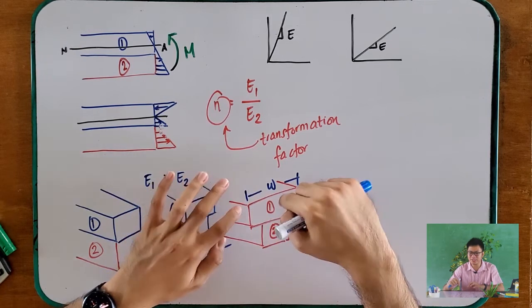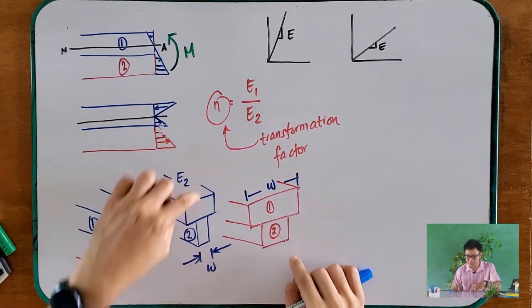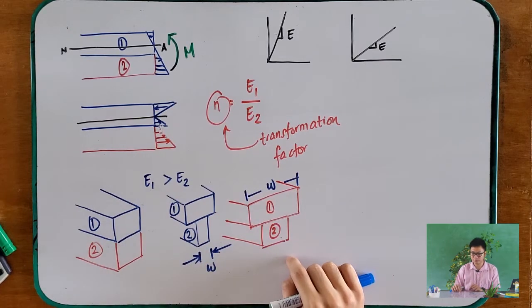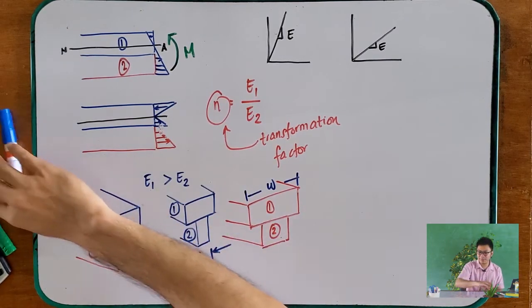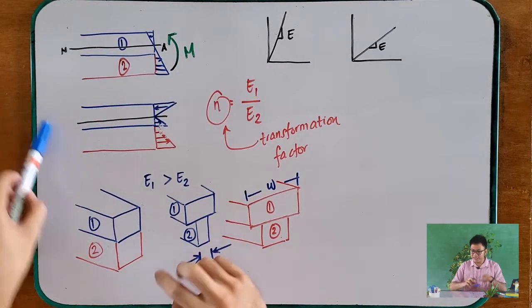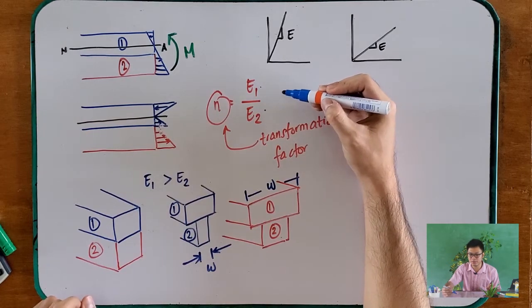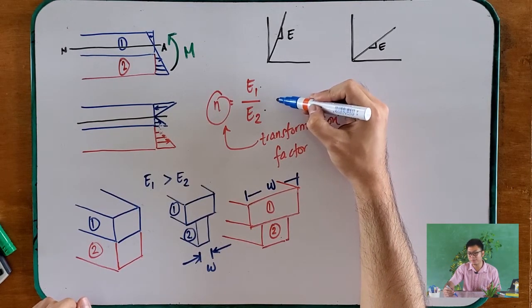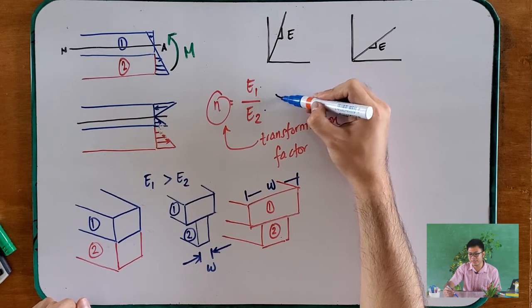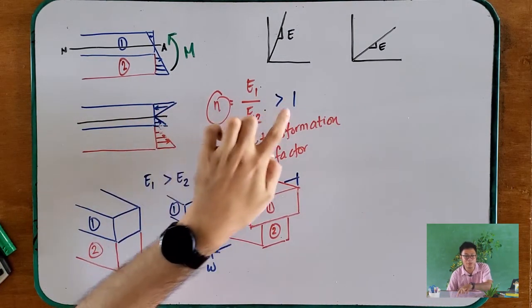So how can you use your transformation factor in transforming this one into this one? Right? Our transformation factor. So this one is higher compared to the other one. So therefore, this one will probably be greater than 1. So your n here will probably be greater than 1.